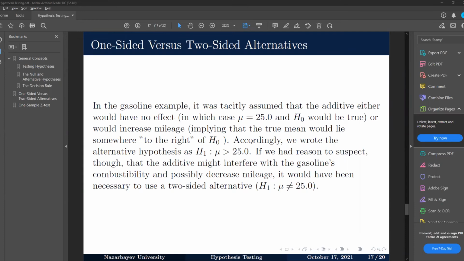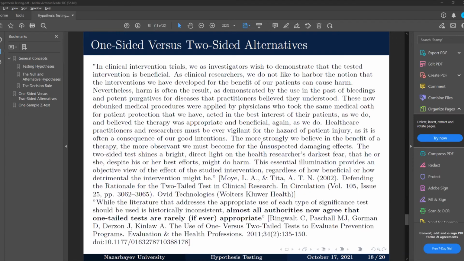And your notion is correct. In fact, there is a big debate whether to use tests with one-sided alternatives or not. One main reasoning is that researchers should separate their beliefs from the scientific method.